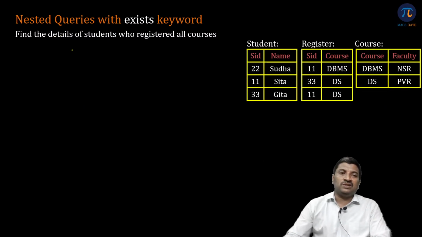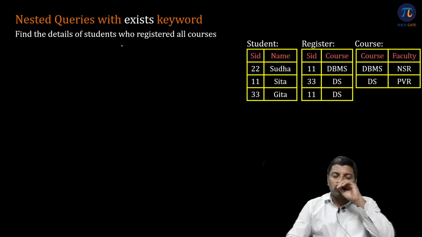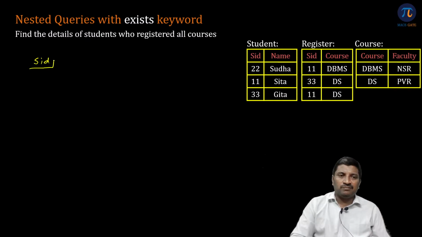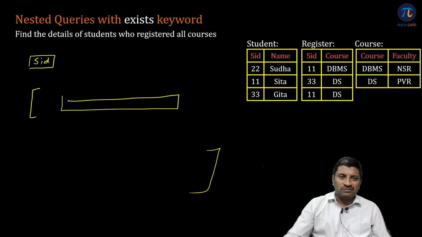Now let's go to one more, sir. Find the details of all students who registered all courses. Who registered all courses? What I do is, we will do one thing, sir. I will take one roll number, I will take one SID here. Then in the inner query, first we write all courses.